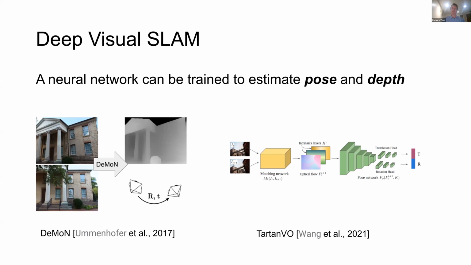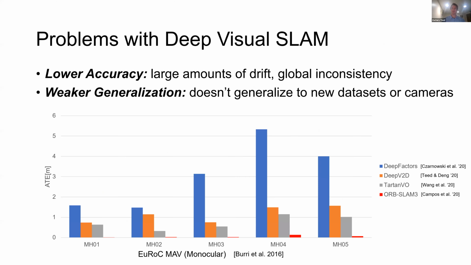And many of these systems attempt to estimate pose and depth directly from a pair of input images. The problem with deep visual SLAM, though, is it has much lower accuracy than the classical counterparts. And also, it typically suffers from poor generalization. Often, it won't generalize outside of the datasets it's trained on.